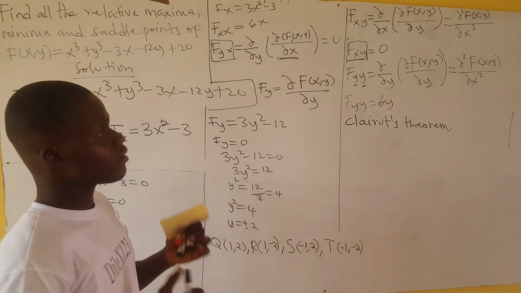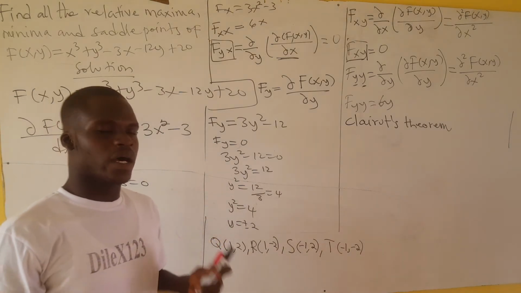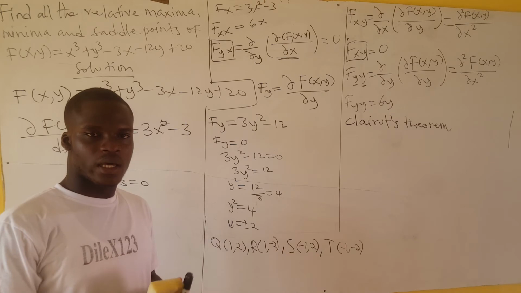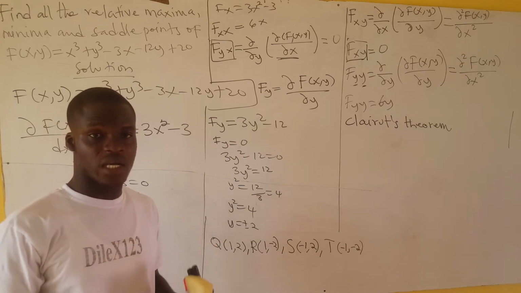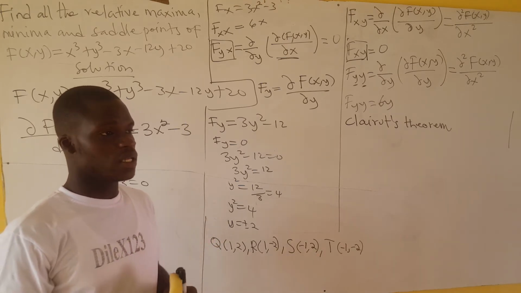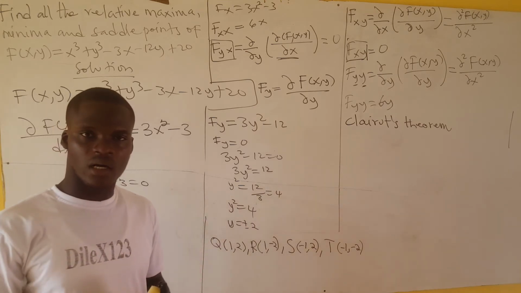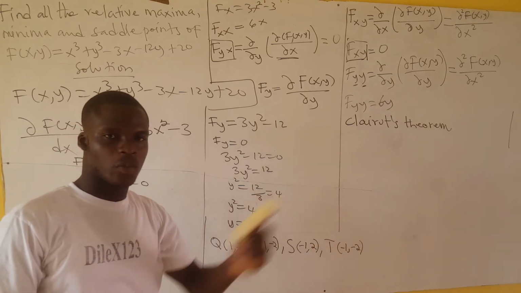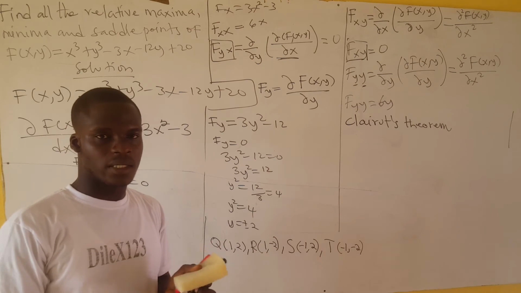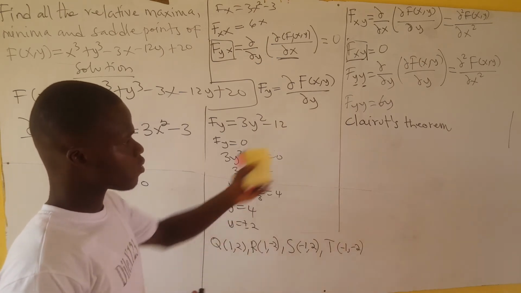Okay? So Clairaut's theorem says that if we have a continuous function, and then we found out that its first order partial derivative is also continuous, then it means that the second order partial derivative with respect to the other variable will be the same answer. Okay, so that's what is stated here.